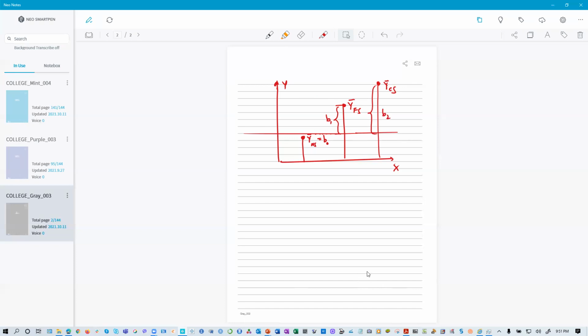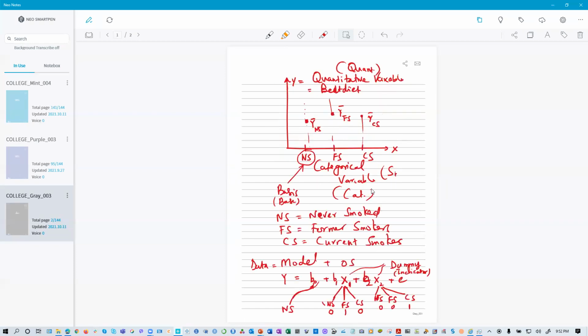So here, with the aid of SAS, how are we going to do that? This is for the non-smokers, never smoke, former smokers, current smokers. So now we use these as smoking status. You see, categorical variable, smoking status. It's categorical.